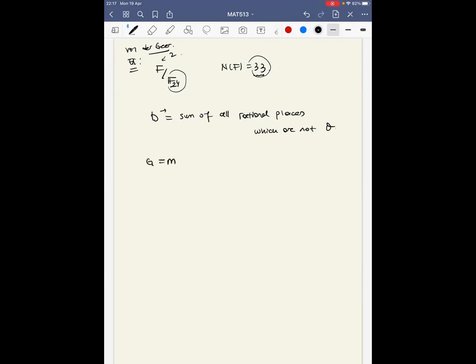And he considered the divisor G as m times O, where O is the place at infinity.